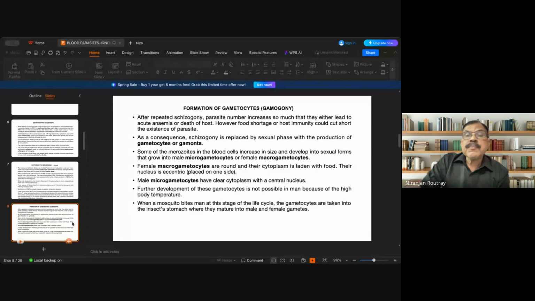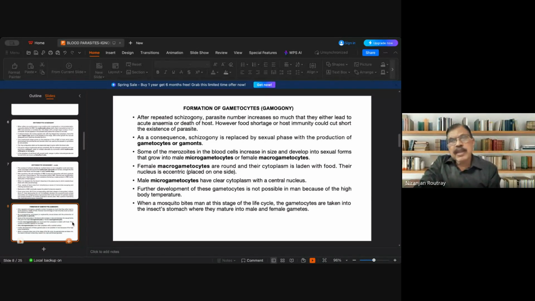After this schizogony, now it is gamogony. That means the formation of gametes. After repeated schizogony, the asexual multiplication phase, the parasite load increases in the host body, and it may lead to acute anemia or death of the host, which the parasite never expects.